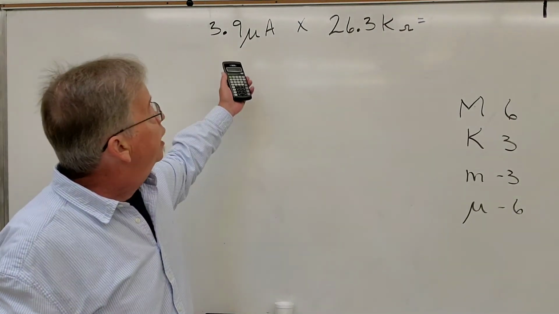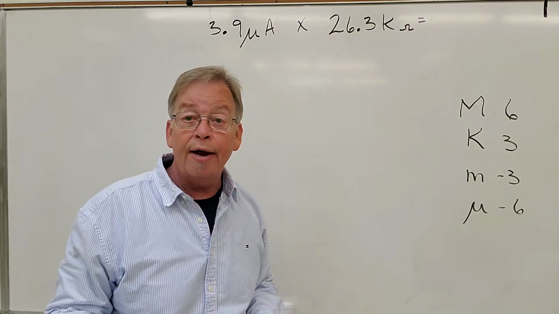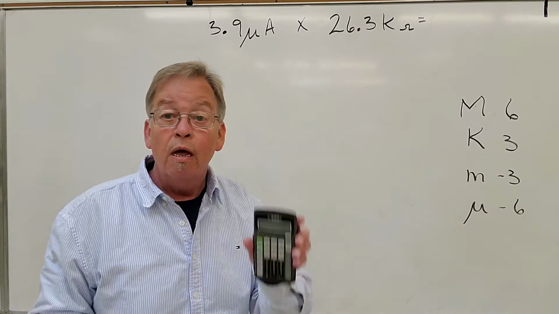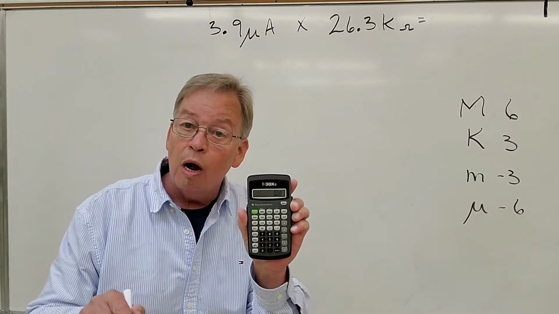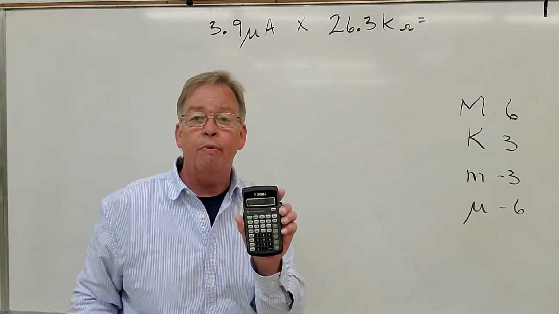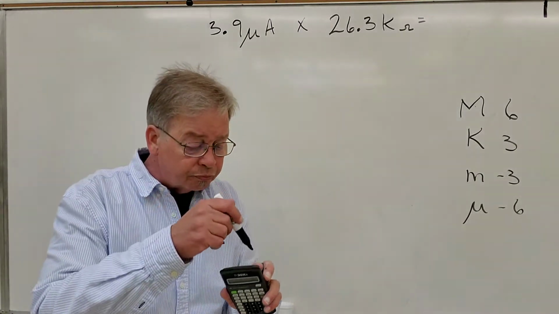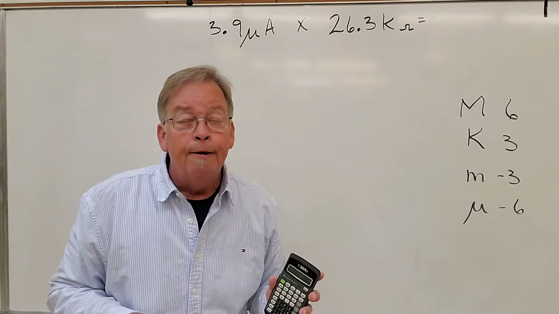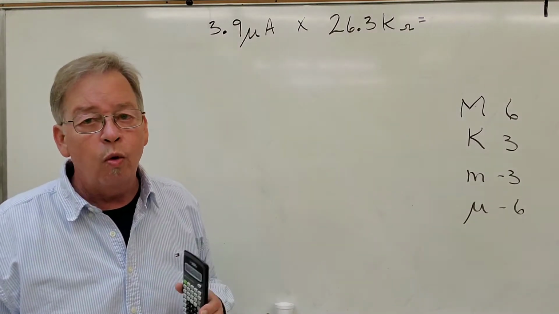We never read exponents. We always read and write metric prefixes, but the calculator doesn't understand metric prefixes. That's why we have to know the exponents that go with them, because we're going to enter the exponents into the calculator, okay?